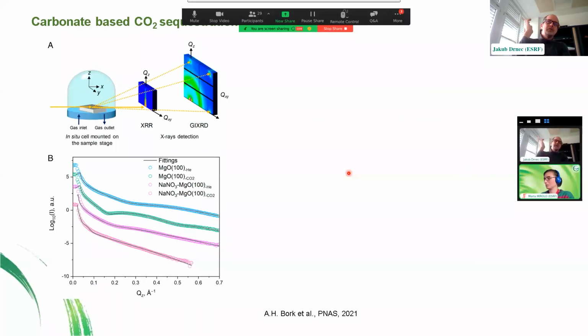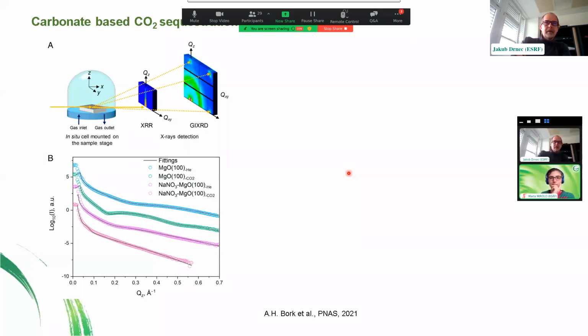Okay, so we use our typical approach. We just couple a few techniques. We take a little bit more of a model system. So we take really one flat wafer of magnesium oxide, and then on top we put the magnesium carbonate.